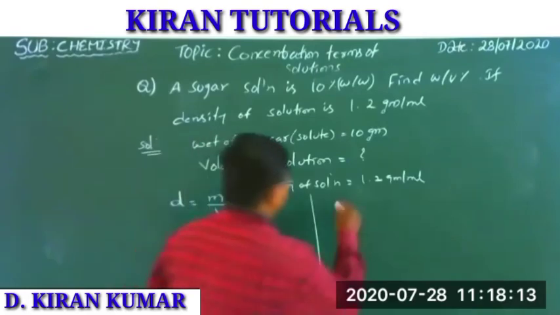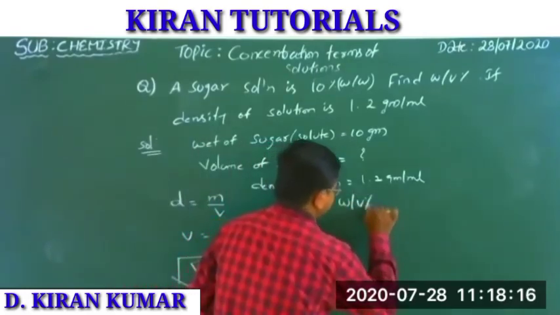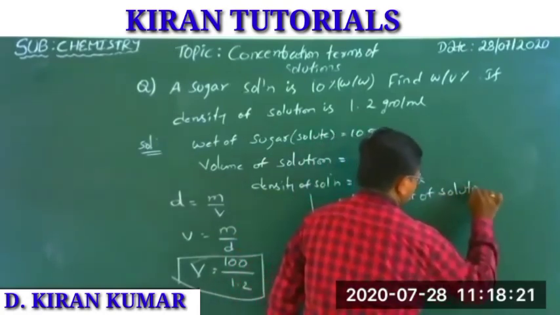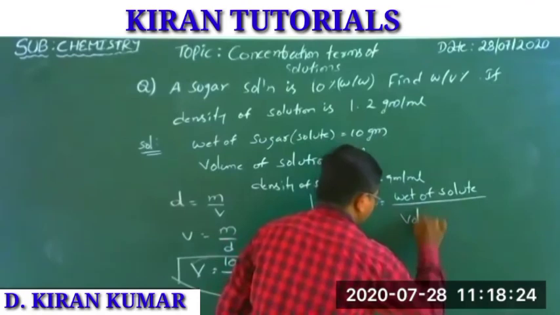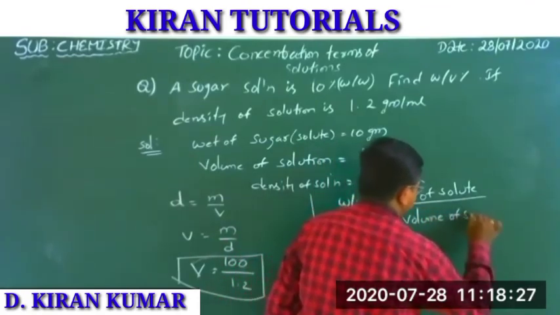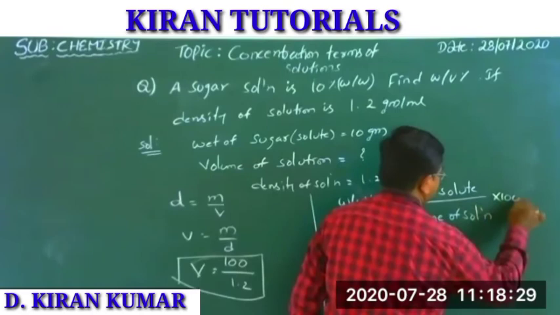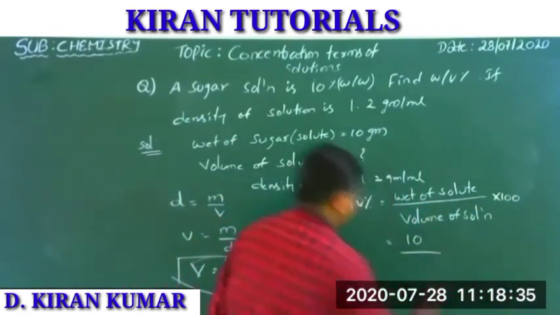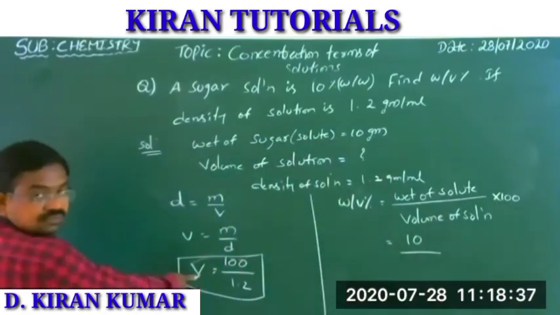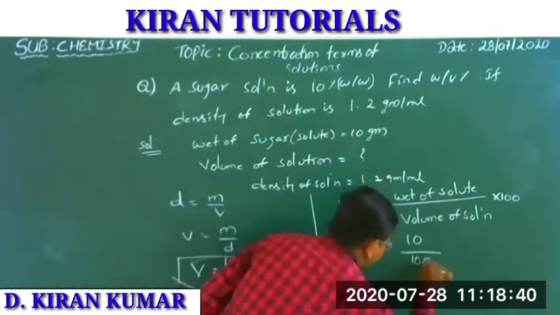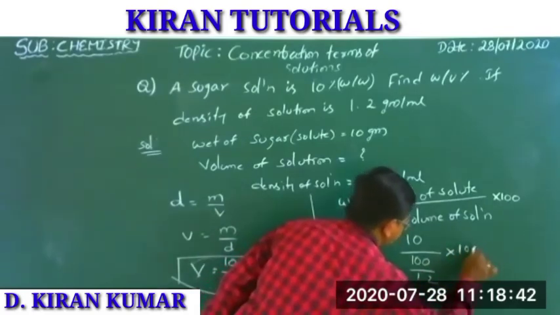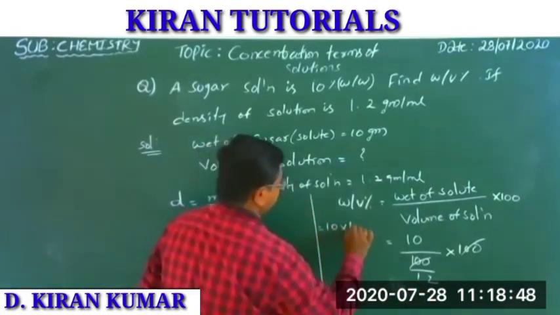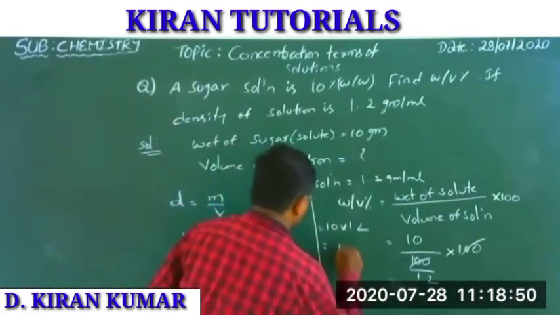Then if you go to the formula, weight by volume percent is equal to weight of solute by volume of solution into 100. What is the weight? 10 by volume of solution, 100 by 1.2, into 100. So 100 cancels. 10 into 1.2, that is equal to 12%.